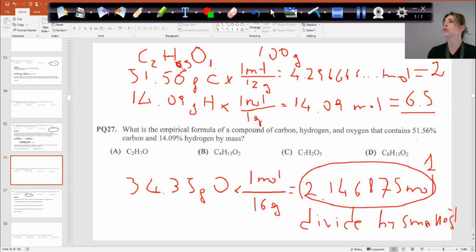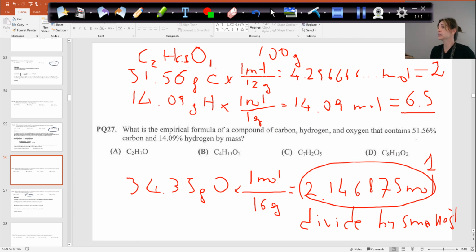Have you ever seen a formula that has a 6.5 as a subscript? Let me rewrite it. So this is the ratio these elements are present in this compound, the mole-to-mole or atom-to-atom ratio. But have you ever seen a formula with 6.5 or 1.5? No. So how do I keep the same ratio but make it whole numbers?